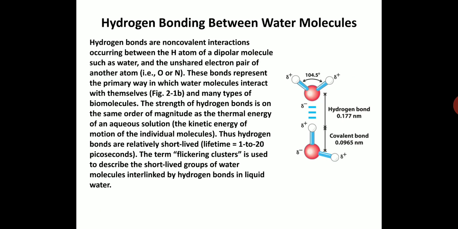The term flickering clusters is used to describe the short-lived group of water molecules interlinked by hydrogen bonds in liquid water. Here in this diagram we can see the angle is 104.5 degree, hydrogen bond is approximately 0.177 nanometer and the covalent bond is 0.0965 nanometer.